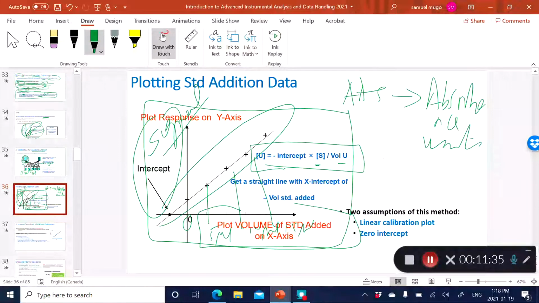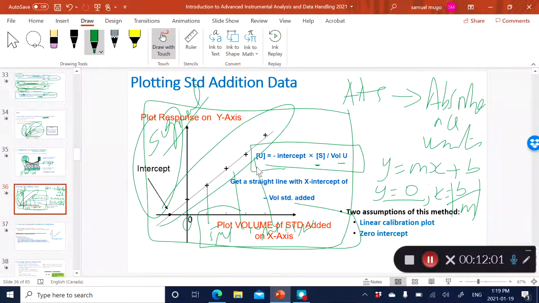So how do you get the intercept? Of course, you already have the equation of the line, y equals mx plus b. If you set y equal to 0, that is the intercept. And the x in that case is going to be b over m, and of course it's going to be negative, but you only take the magnitude of it. You do not take into account the negative sign here.